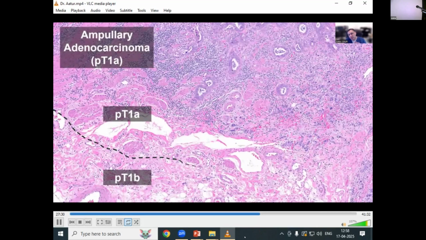Perisphincteric and more often duodenal submucosal invasion is really the fine line between a T1A and a T1B ampullary adenocarcinoma. But identifying that interface between the sphincter and the duodenal submucosa can be challenging, as the muscle often separates into thin bundles as it approaches the submucosa.